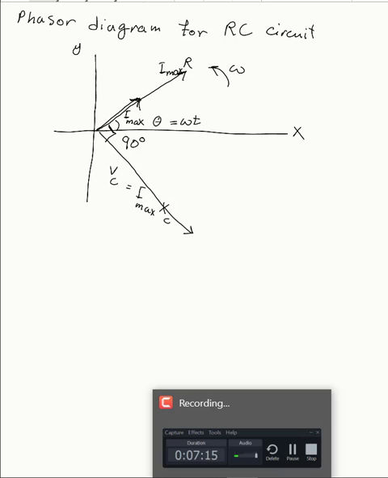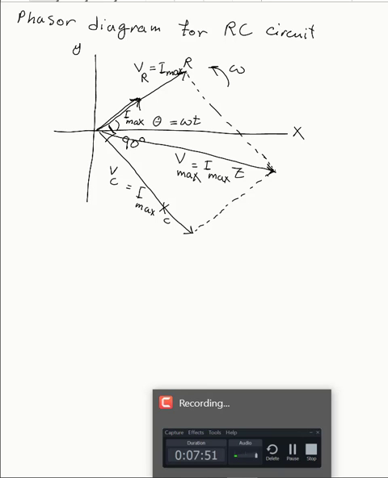Now if I want the summation of the voltage across the capacitor and the voltage across the resistor, I need to sum them with the vector summation. This is going to be the maximum, or total, voltage, which is Imax times the impedance.